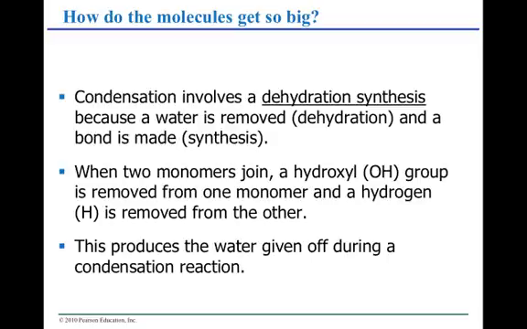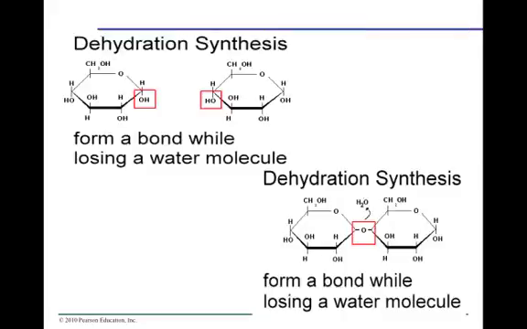Now, when you join two single units together, two monomers, a hydroxyl group is removed from one and a hydrogen is removed from the other, in turn producing the water that is released in this condensation reaction. So this picture is also showing you the condensation reaction or dehydration synthesis.